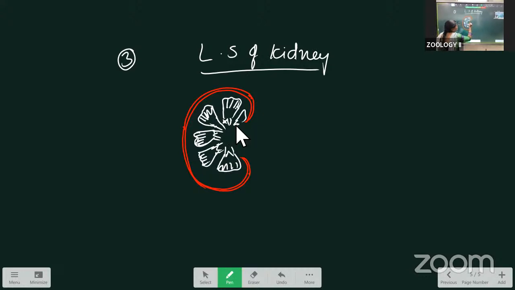The first one opens into the next one, which opens into the ureter.